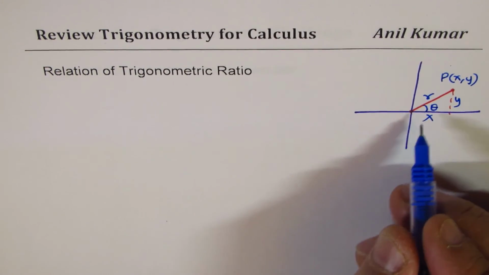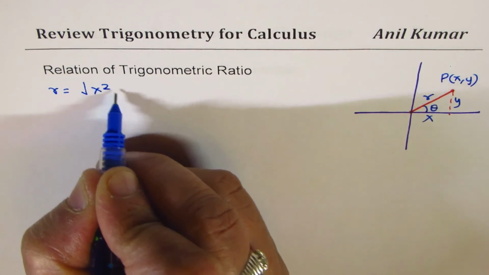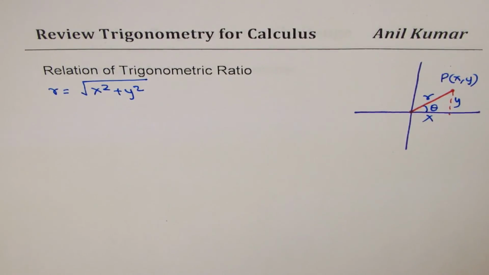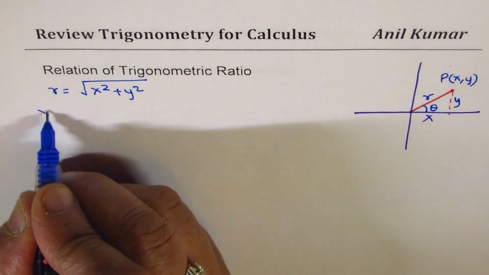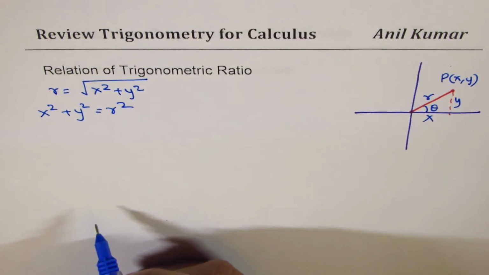In that case, we know that r is equal to the square root of x square plus y square. Correct? We could also write this as x square plus y square equals r square.